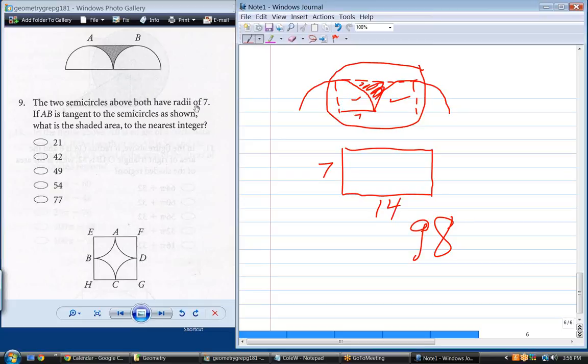What's the area of the full circle? The full circle is 49 pi. Okay, so I'm going to subtract out half of that. So half of 49 pi is 24 and a half pi.